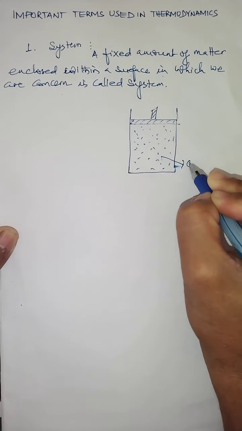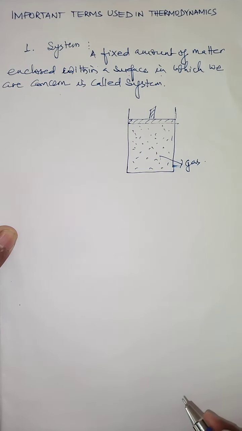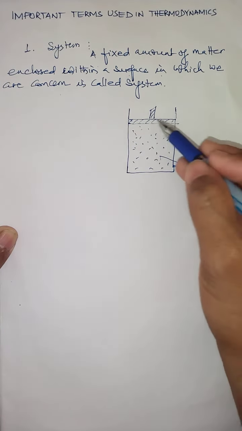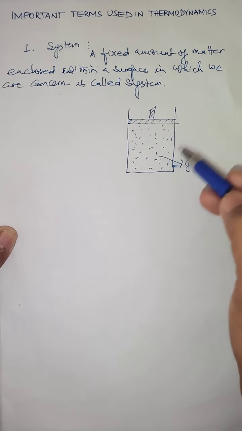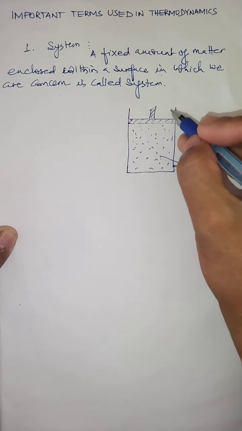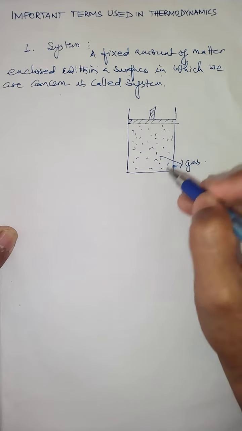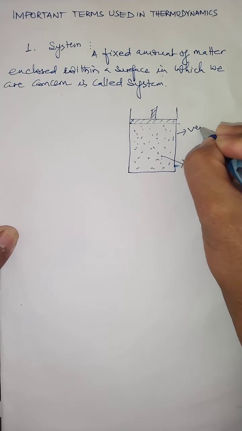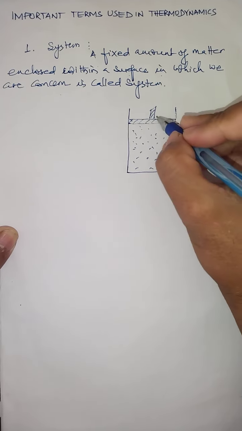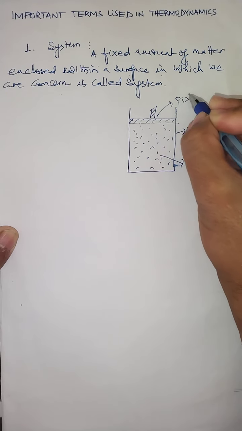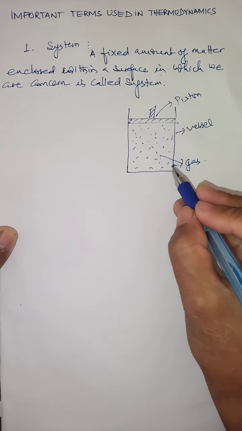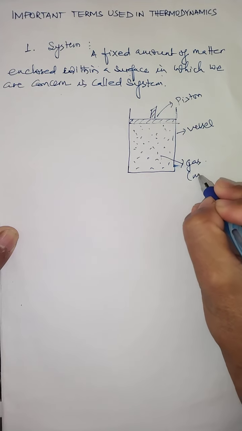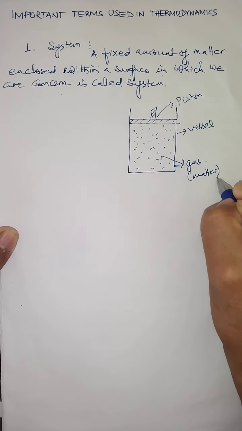So this gas acts as a system, because this gas is matter which has a fixed amount, enclosed within this surface. This surface is like a vessel with the piston that is used. Then this fixed amount of matter, the gas, acts as a system.